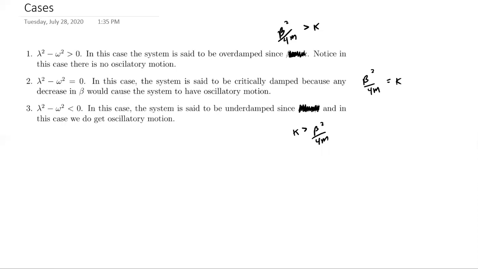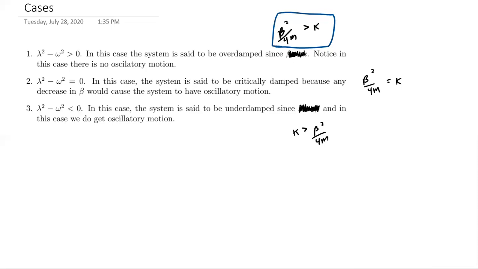In terms of when is it the case that lambda squared minus w squared is greater than 0, that happens precisely when beta squared over 4m is greater than k. In this case, we get two real distinct roots, so the solution is just a linear combination of exponentials.